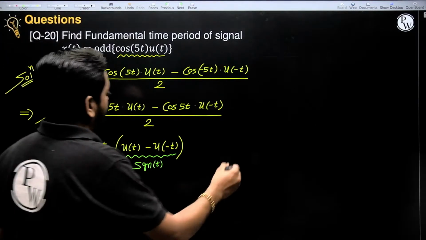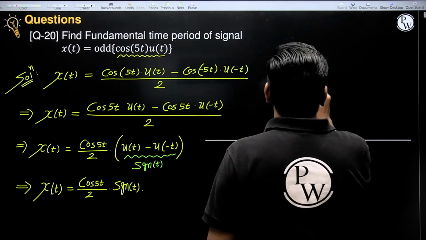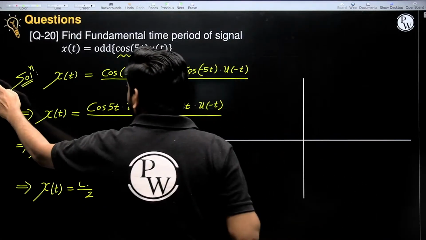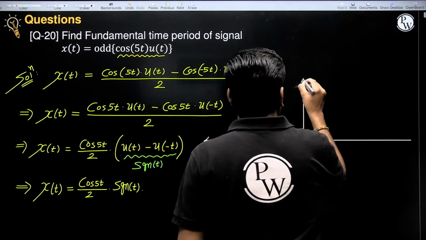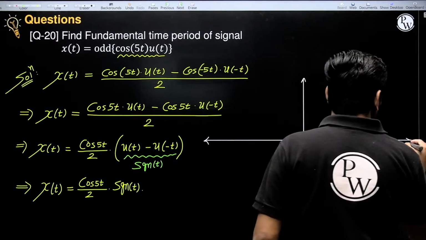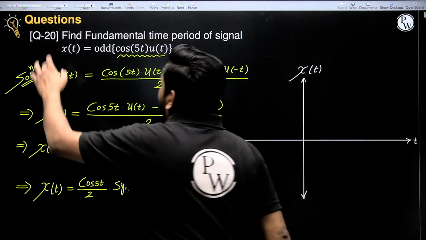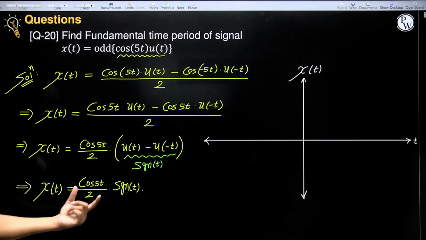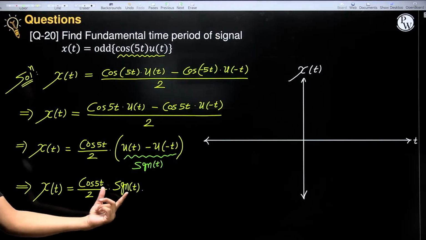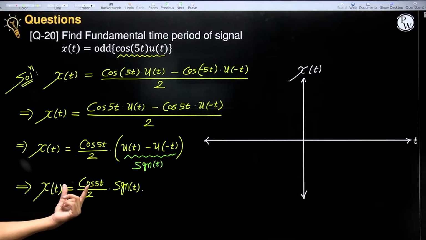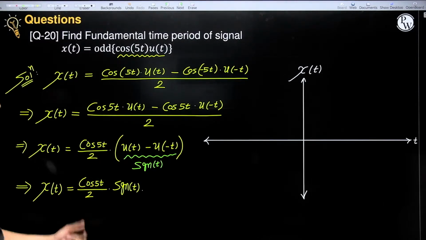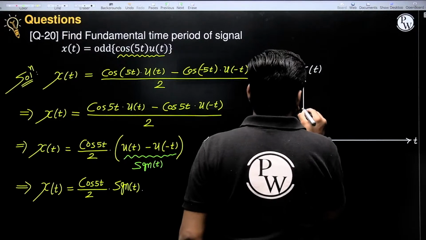So if we draw this signal, the signum function value is 1 for t greater than 0. So for positive values of time t, cos 5t by 2 is multiplied with 1, same as the cos function.